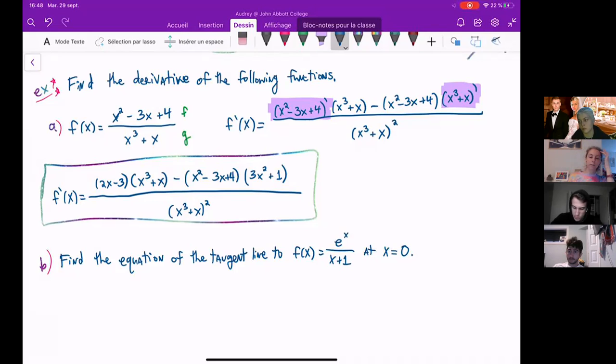So I want to find the equation of the tangent line to f of x is equal to e to the x over x plus 1 at x equals 0.